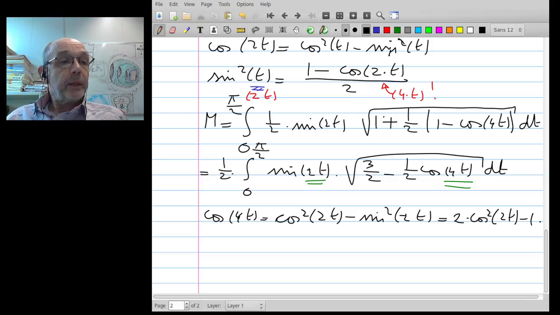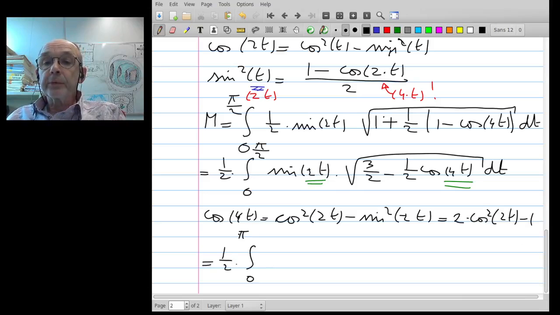And if I now rewrite, what do we have? We get a 1 over 2 integral from 0 to pi divided by 2, and then we have the sine of 2t, and then fill in that cosine 4t, and we get out of it 2 minus the cosine squared of 2t.